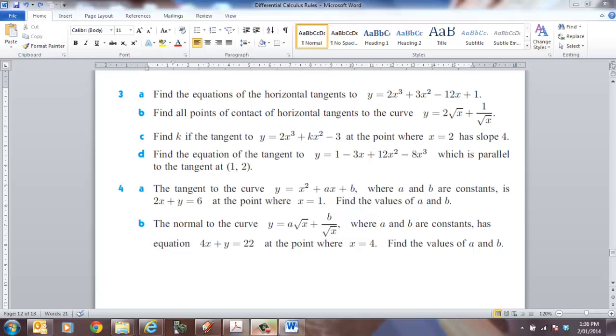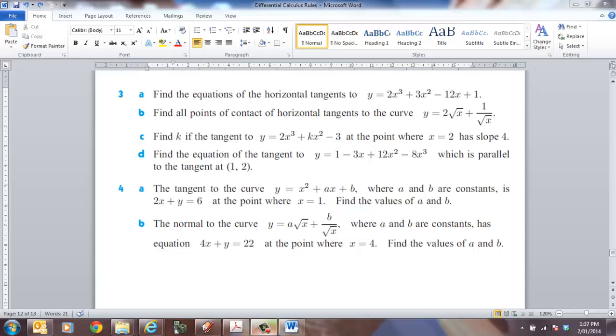So if you differentiate, find dy/dx, we know that the slope is equal to 0, and then you'll have a quadratic which is equal to 0. So what you can then do is find your x coordinates, and once you've got your x coordinates you can find your y coordinates, and you should be able to find your equations of the tangents. So A and B are exactly the same sort of questions.